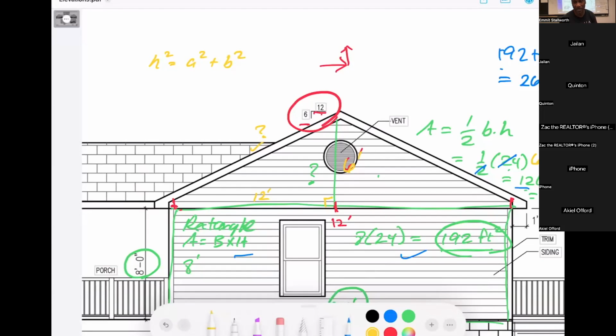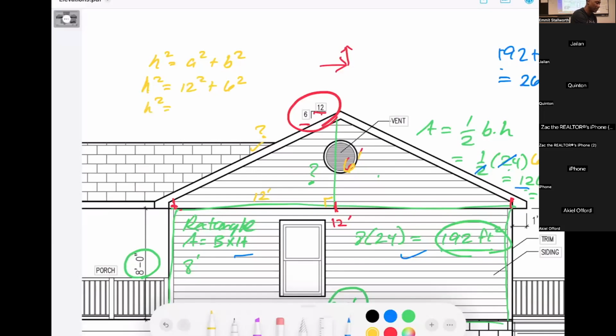All right, but this right here is the Pythagorean theorem. You guys look that up. Which means that h squared, I'm saying the hypotenuse squared, is equal to, we'll just say that's a, 12 squared plus 6 squared, right? So now I'm gonna solve this.